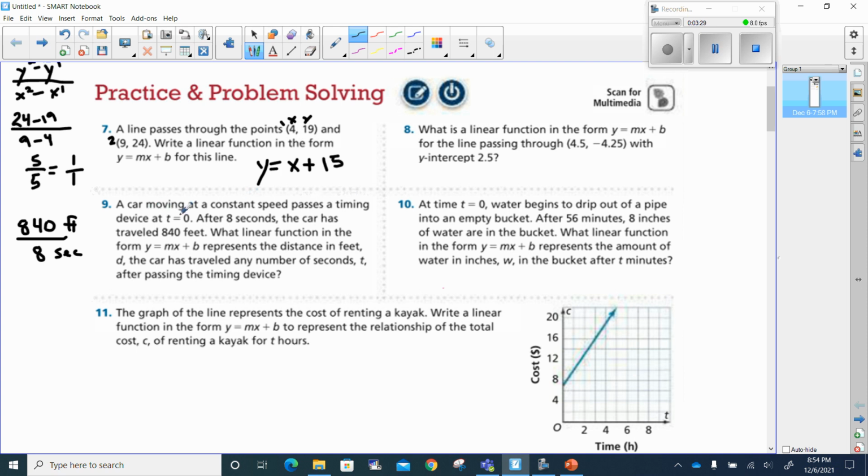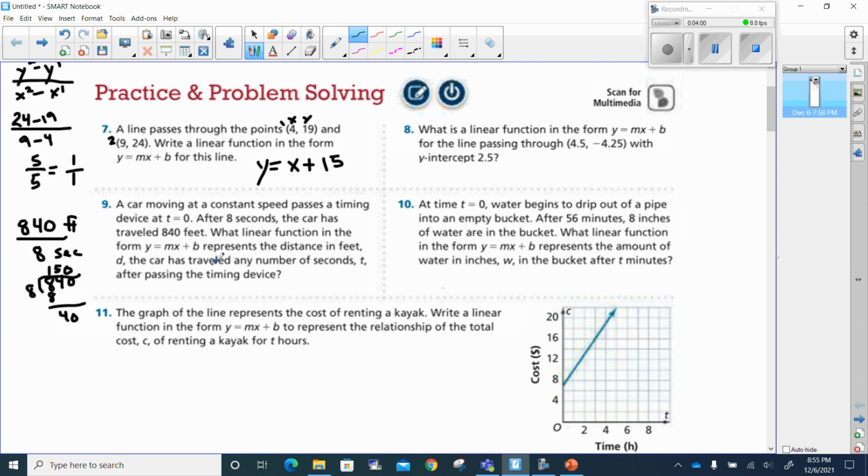So after 8 seconds, the car went 840 feet, the linear function is going to be 840 divided by 8. Well, I know 8 goes into 8 one time, leaving me 40. And I know 8 goes into 40 five times, which means this is going to be 150.